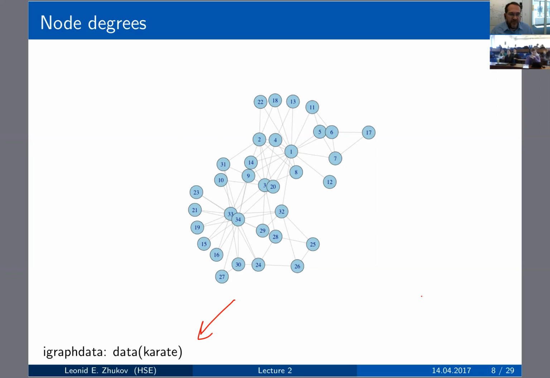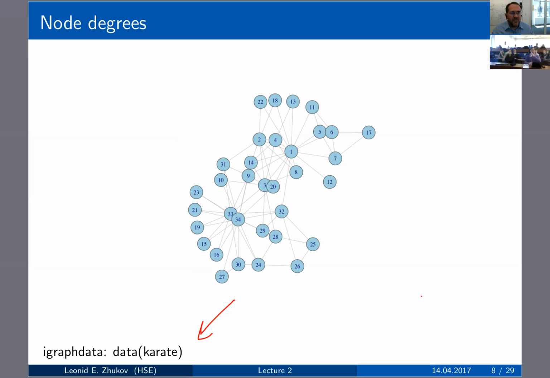It's a network of 34 people. In fact, these are students of a karate club that was studied by sociologists, and we'll be coming back to this graph over and over again. The story is that this karate club at some moment split into two because the instructors wanted a divorce, wanted to be separate, and part of the students went with one instructor, another part went with the other instructor.